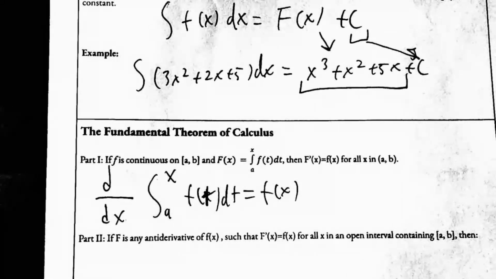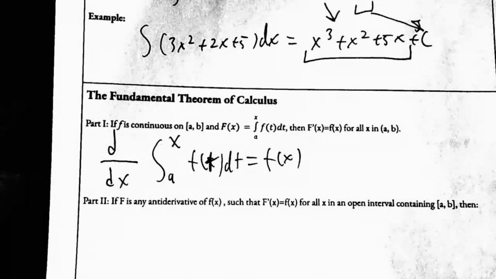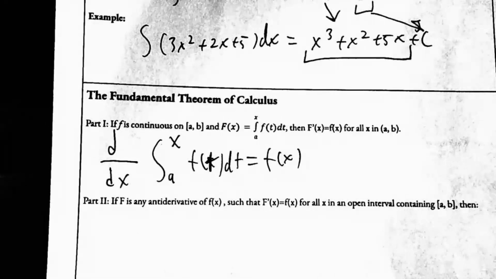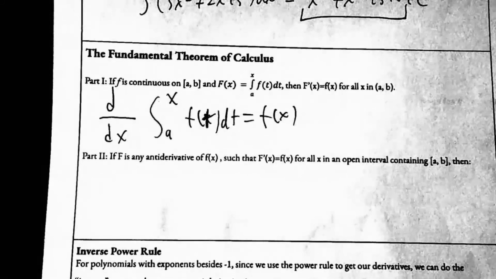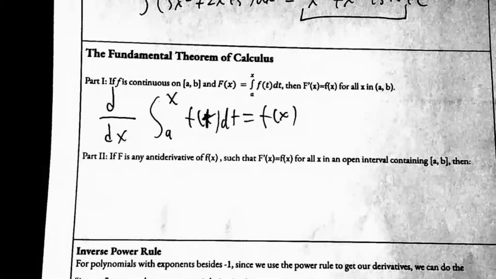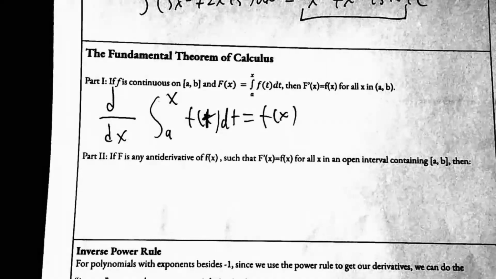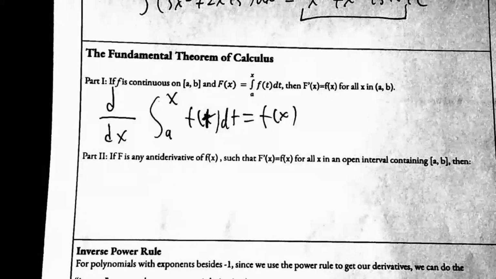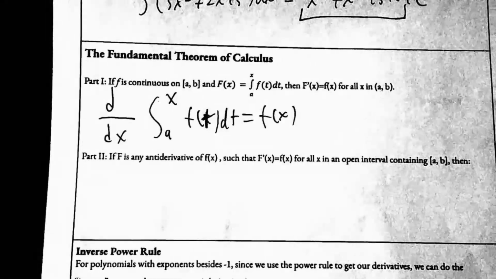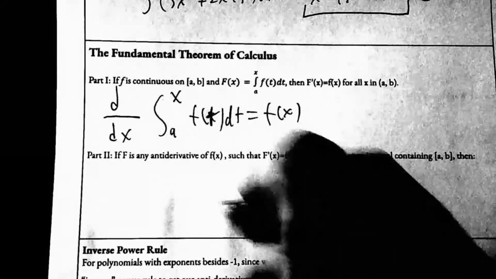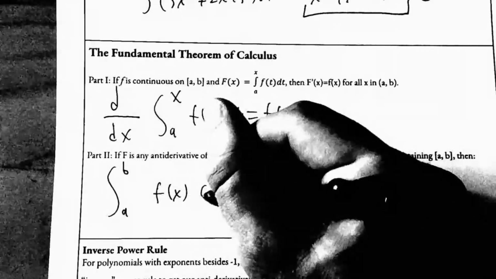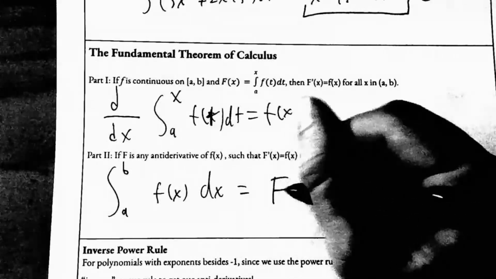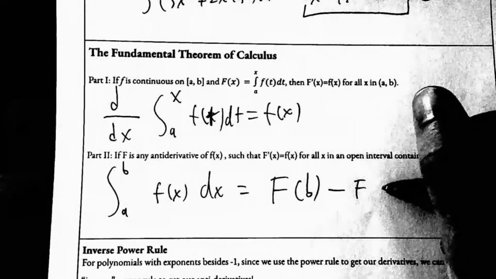Okay. Part 2. If capital F is any antiderivative of little f of x, such that the derivative of the antiderivative equals the original for all x on an open interval containing a to b, then for this one, we say that the integral, this is for definite integrals, from a to b of f of x dx is equal to the antiderivative at b minus the antiderivative at a.